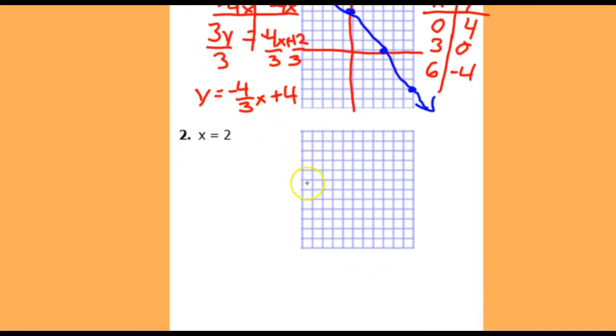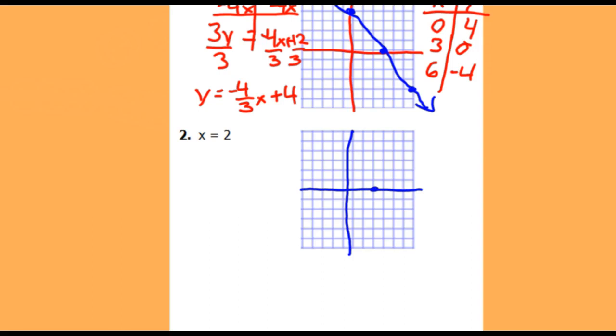Here we have x equals 2. So if I create my graph, and I have x equals 2, then that means that I need to go over to my 2, 1, 2, x equals 2 is right there.